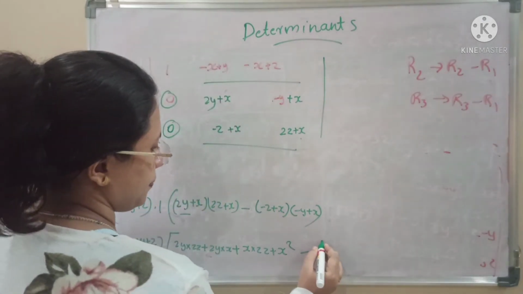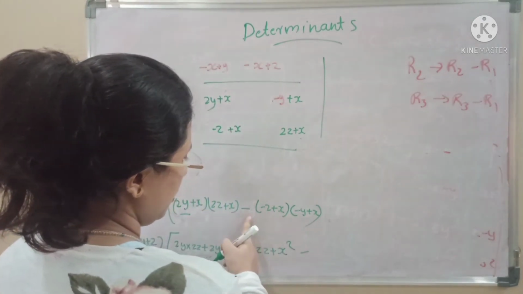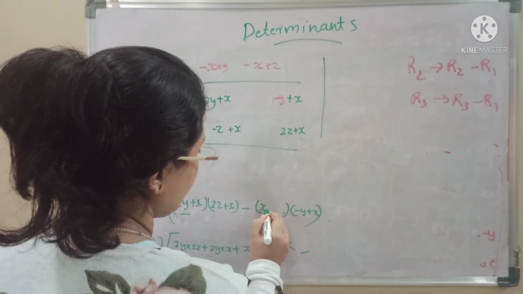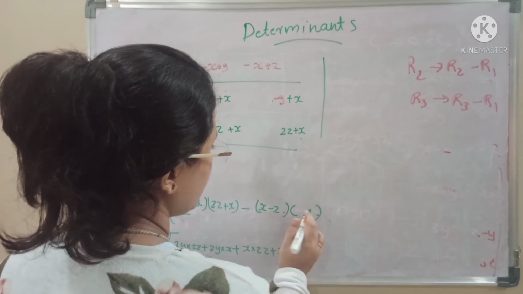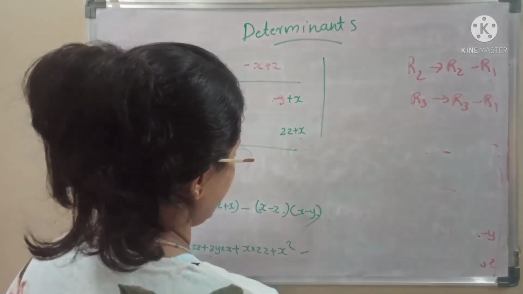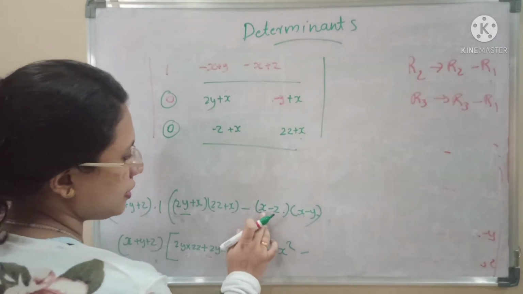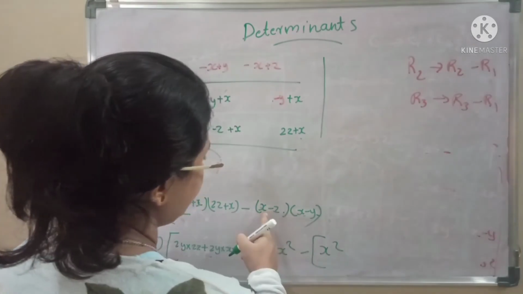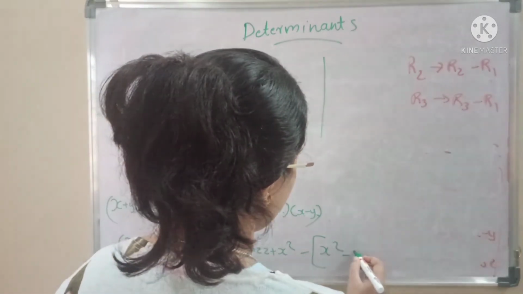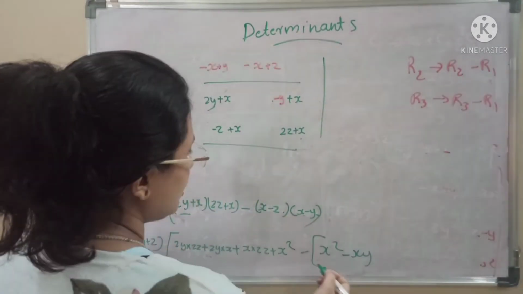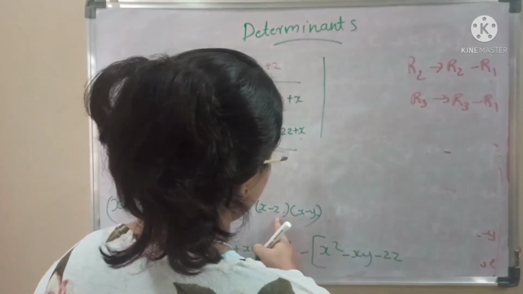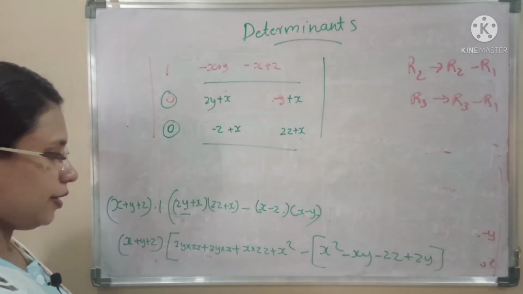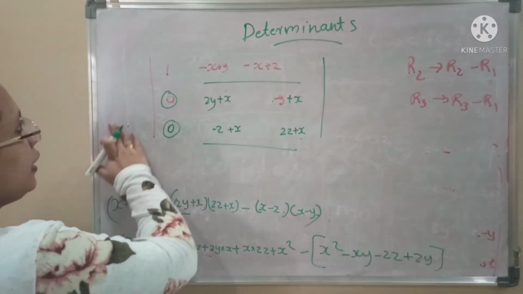Minus, we can just rearrange this as x minus z. Also here it is x minus y. So minus x into x, x square, x into minus y, minus xy, minus z into x, minus zx, minus z into minus y, plus zy. Clear?